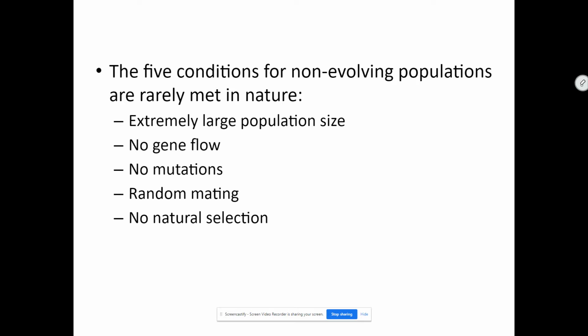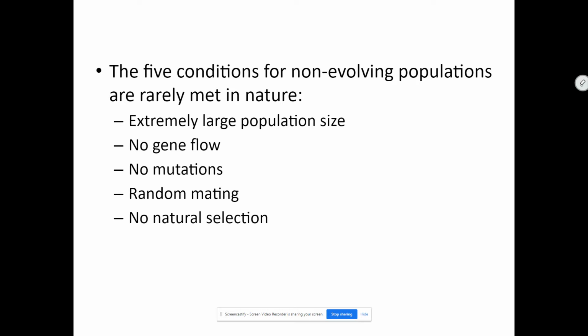Second, there has to be no gene flow. Now, we haven't really defined gene flow, but it should make sense. Genes flowing or moving. And so this would be nothing is coming into the population and nothing is going out of the population. There's no migration into or out of a population that would cause any kind of change.